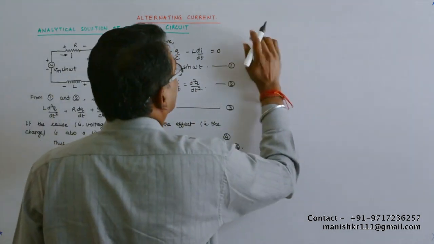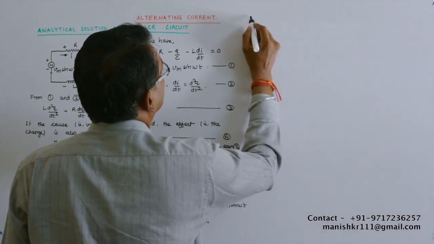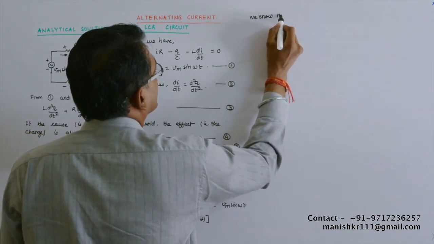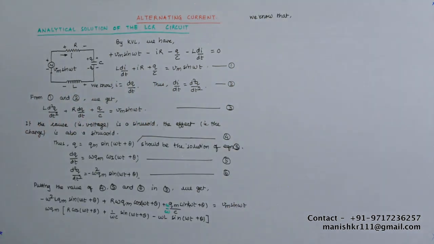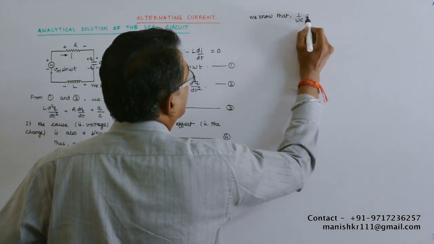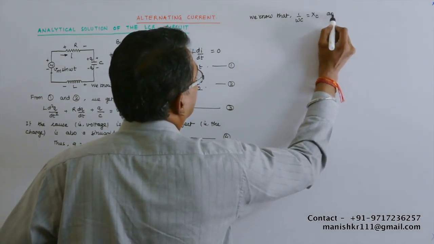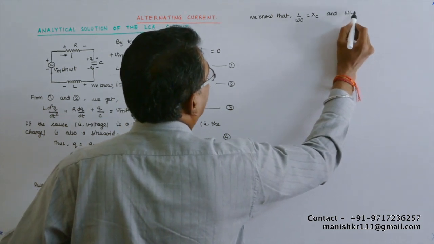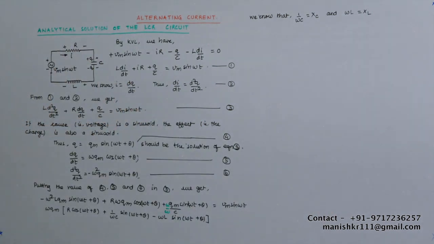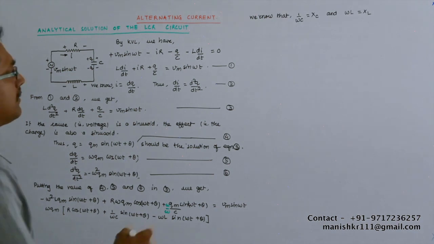Now we know that 1 by omega c is equal to xc and omega L is equal to XL. Okay. So what does it become?